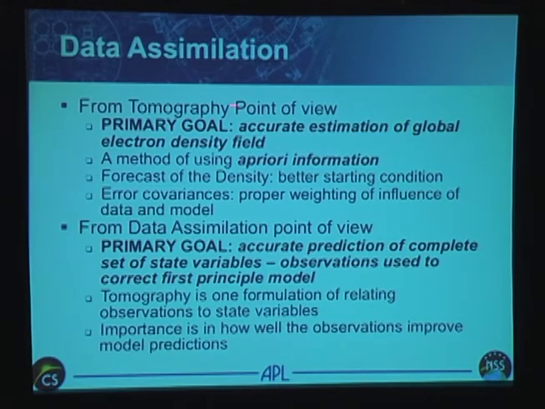And as I've tried to convince you, what we need is a priori information to be able to regularize and get unique solutions from our data. So to that degree, data assimilation is one method of getting the a priori information. You take the images you got out, you run them through something, a Gauss Markov or whatever, and you get a better forecast than you would if you just used IRI. So you've got a better starting condition, which means you can do a better job on the data. The error covariances that you get out of this allow proper weighting between the data and the model.